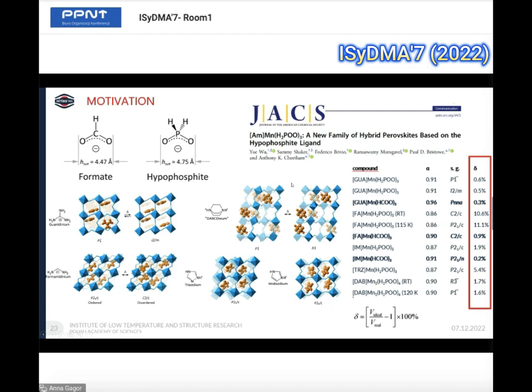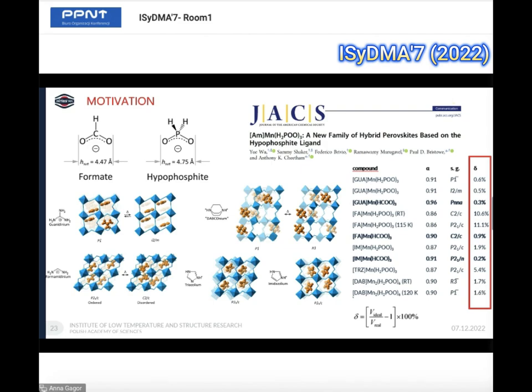The first report on hypophosphites was 5 years ago. And the authors suggested that in this class of materials we can also obtain very numerous phase transitions because of the flexibility of this crystal structure.